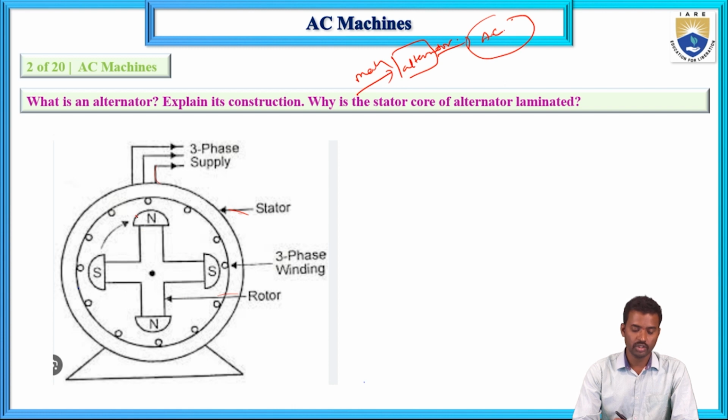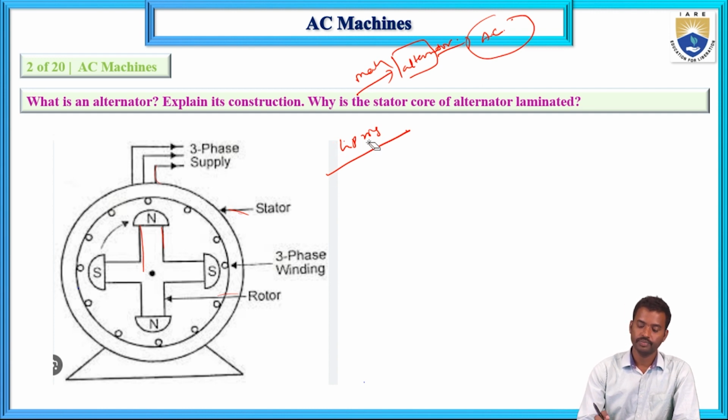Depending upon the type of rotor construction, there are two types of rotors: first, the slip ring type, and second, the projected type, that is the salient pole. Salient pole and non-salient pole, which means cylindrical type.